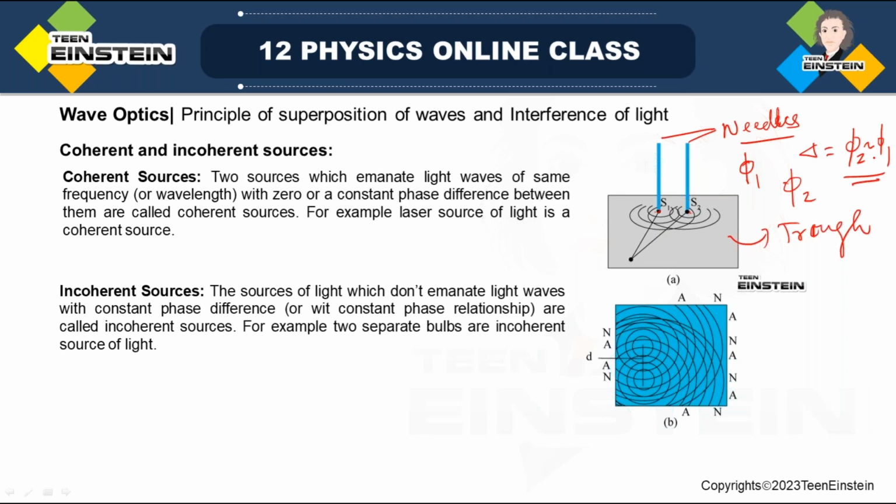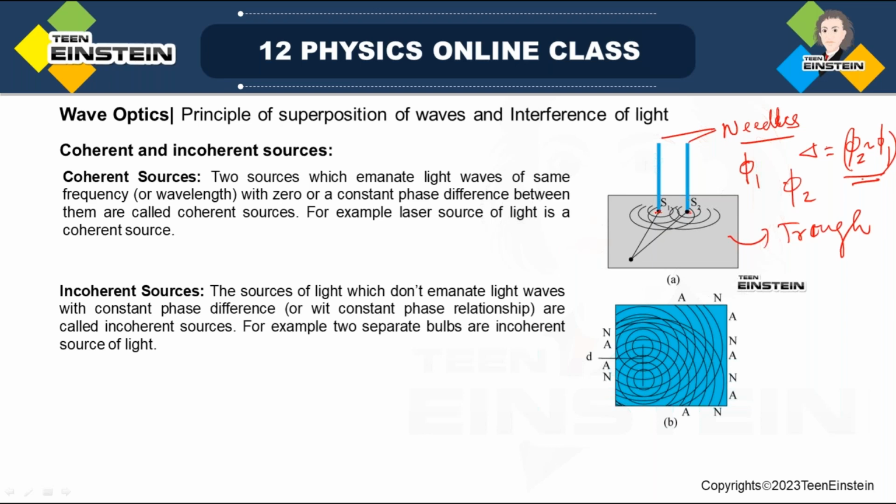If this phase difference is maintained throughout their travel, then these two waves are called coherent waves, and the sources are called coherent sources. So here there are two sources, S1 and S2.